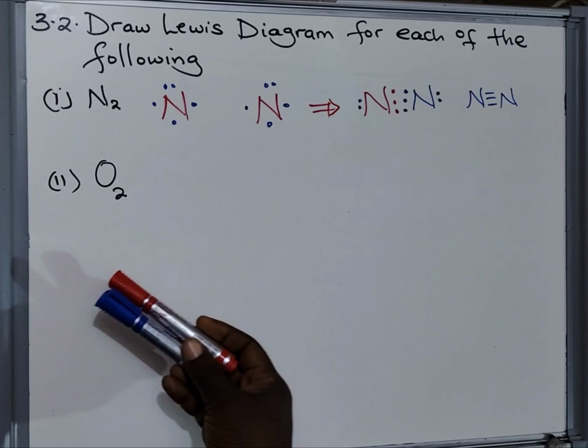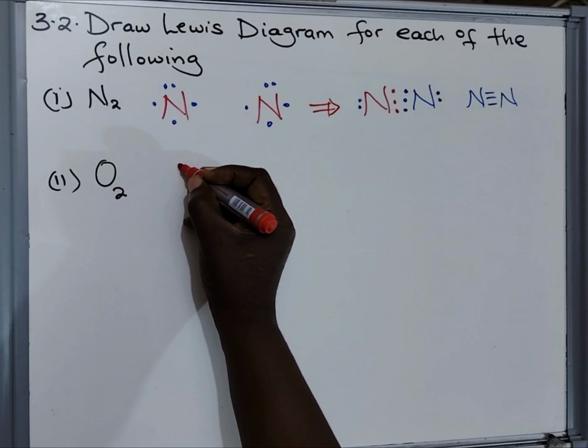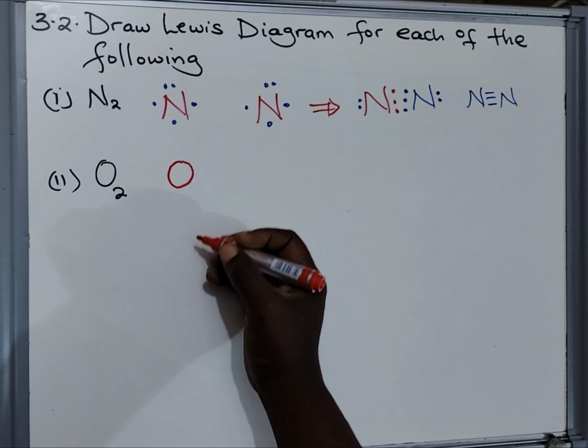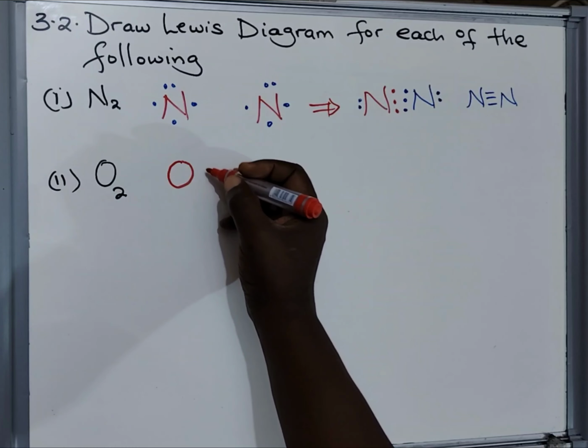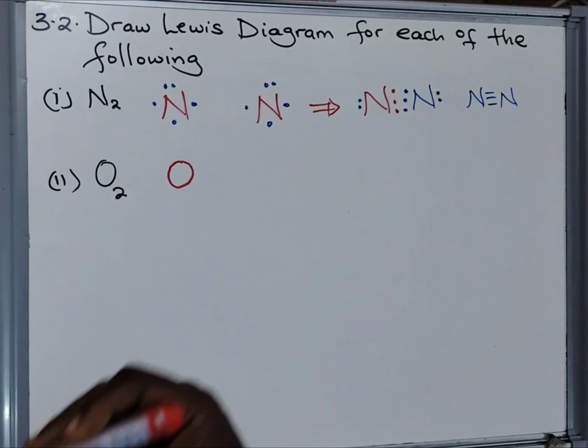Then we come to oxygen. We have to know that oxygen belongs to group 6, which some people call 16. So that means that if you have an oxygen atom like this, it has 6 electrons around it. And how do you distribute it?